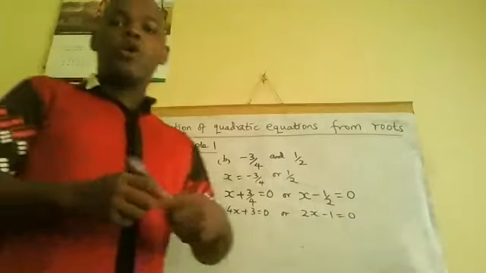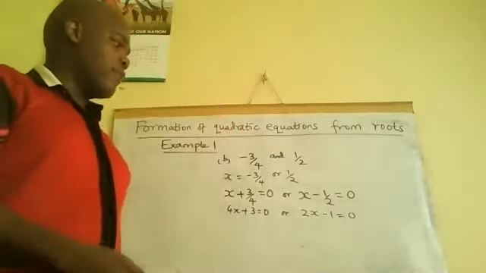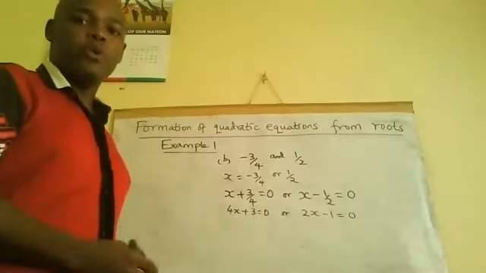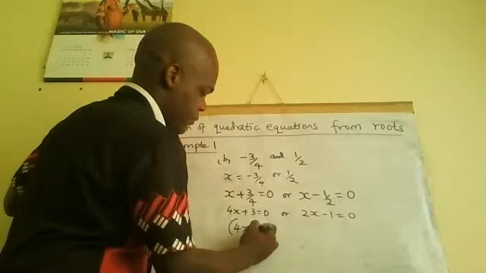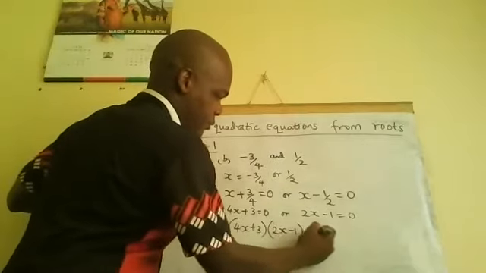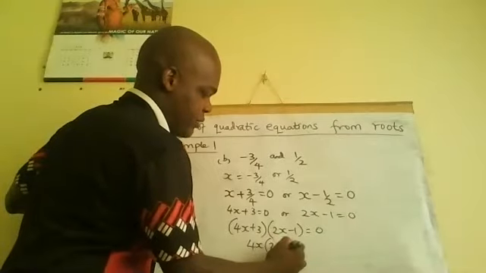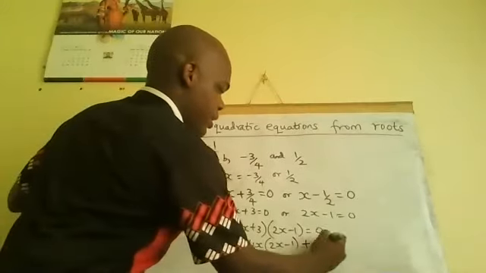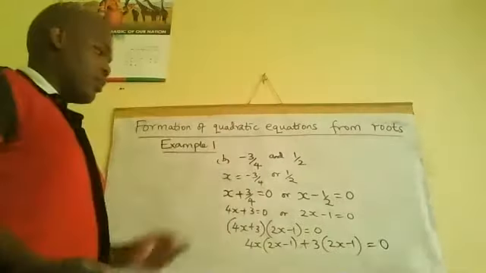So that we don't deal with fractions. I've multiplied through by 4 here, and through here by 2. And then we multiply. You take 4x, multiply with 2x minus 1, and then you add 3 into 2x minus 1, and you equate to 0.